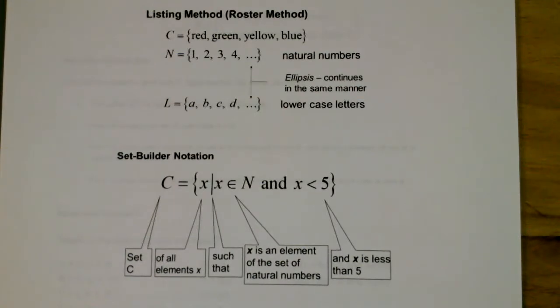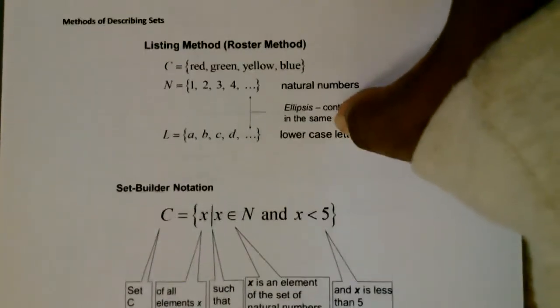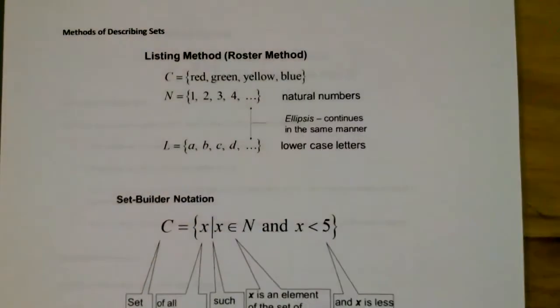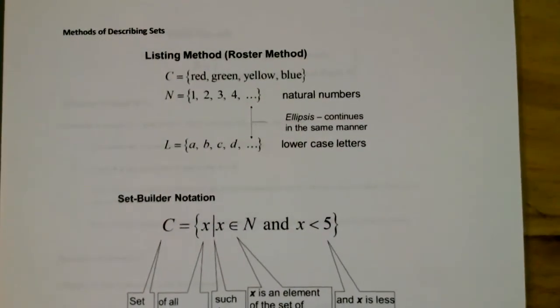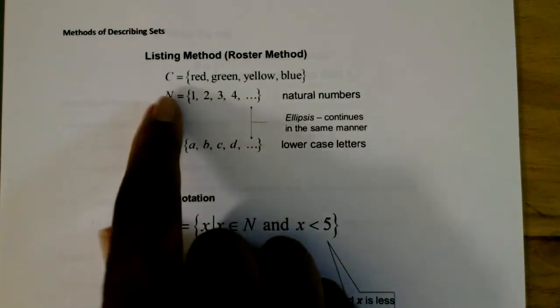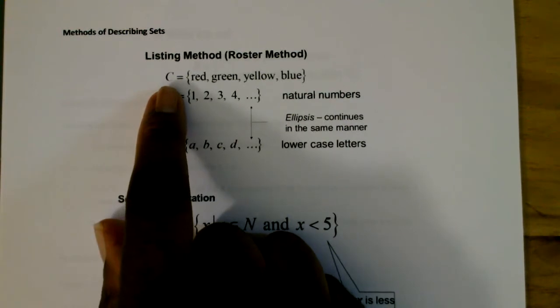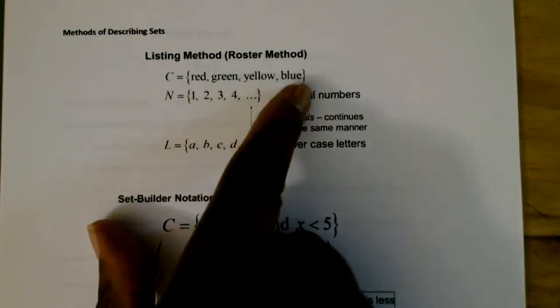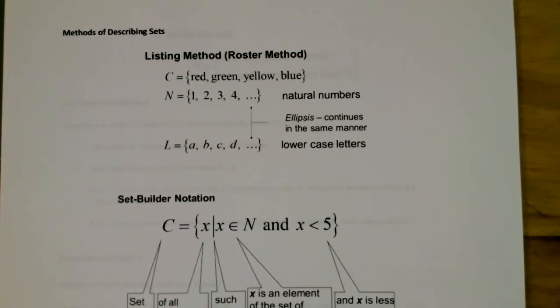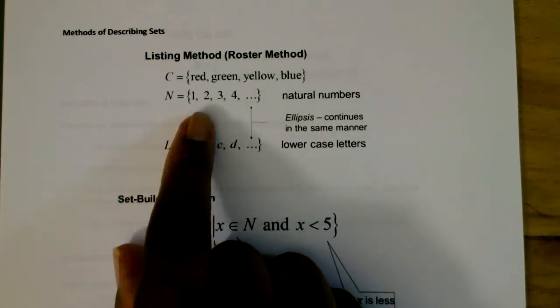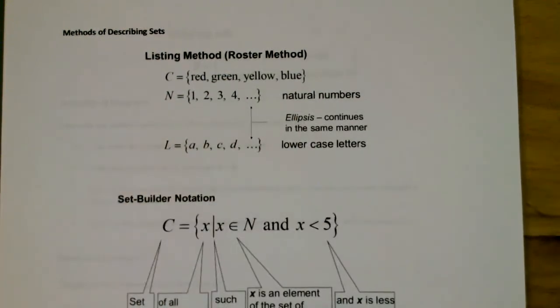All right. Now, there are methods of describing sets. One of them is the listing method, or sometimes it's called the roster method. So in this case here, we have set C representing the colors red, green, yellow, and blue. And then we've got set N, which is the set of natural numbers.